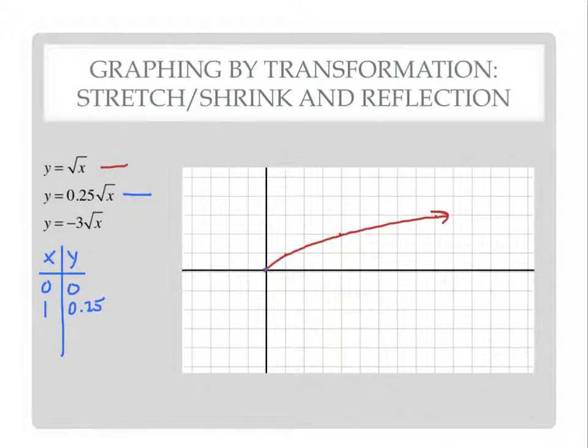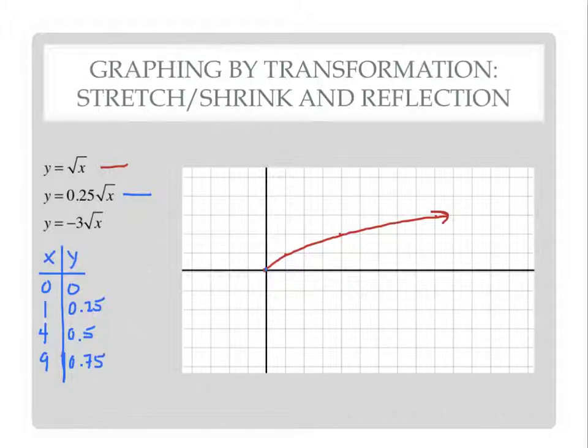If you plug in a 4, out comes a 2 when you find the square root, times 0.25, you're going to get 0.5. When you plug in, let's say, the 9, square root of that is 3. 3 times a fourth is 3/4 or 0.75.